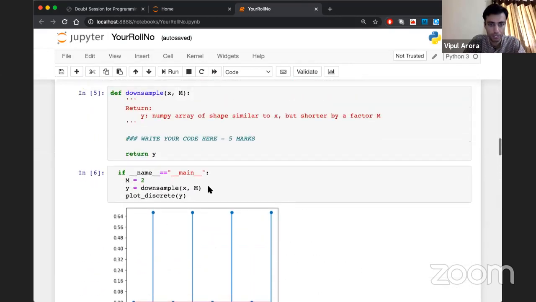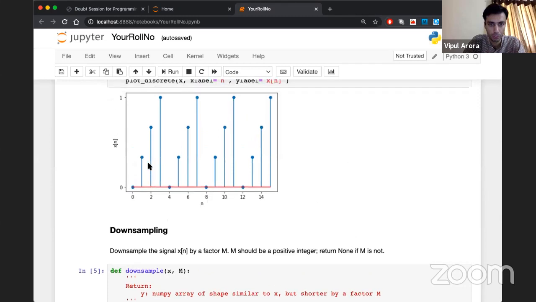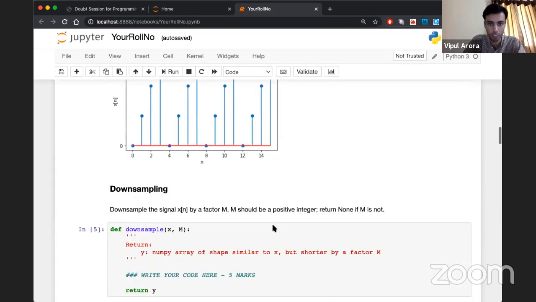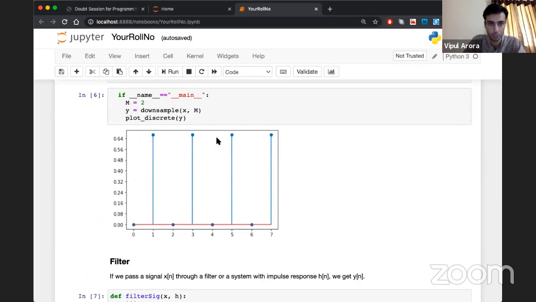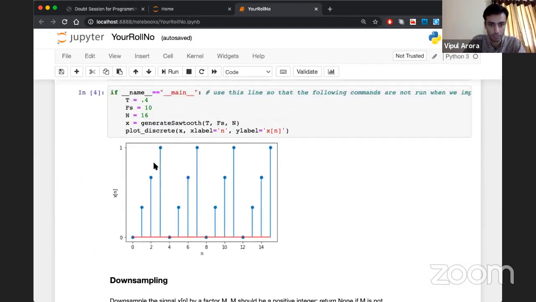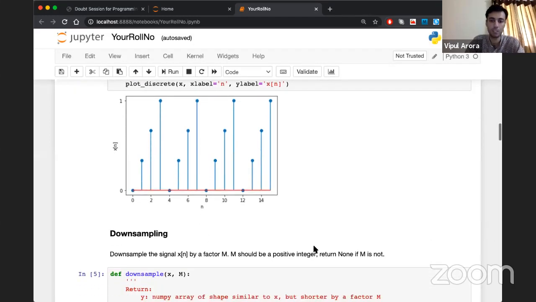So we have taken 0, 2, 4, 6, 8, 10, 12, like that. So downsampling by M means you take samples 0, M, 2M, 3M.